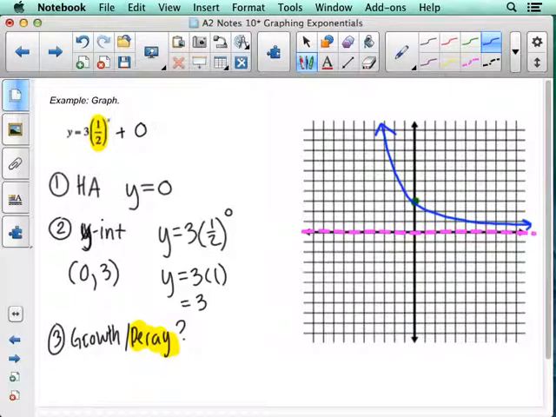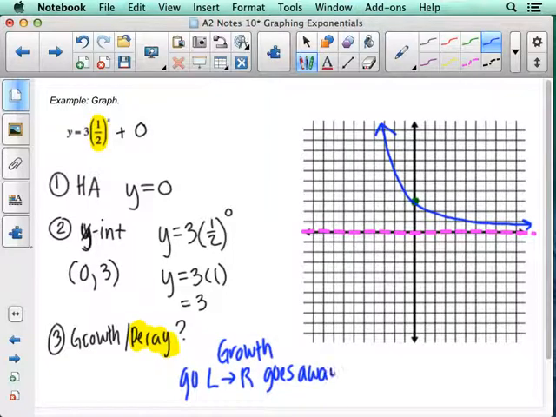So a trick for growth and decay: growth means when you go left to right, your graph goes away from the horizontal asymptote.